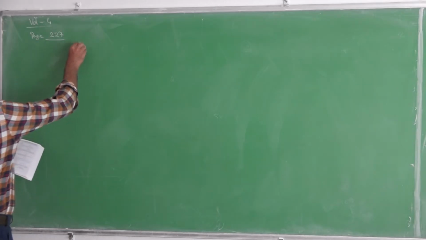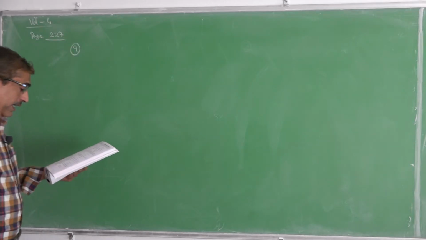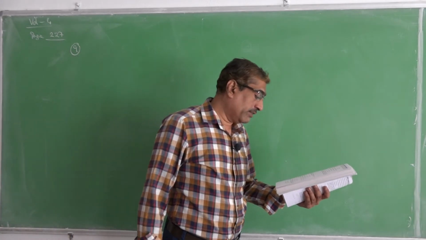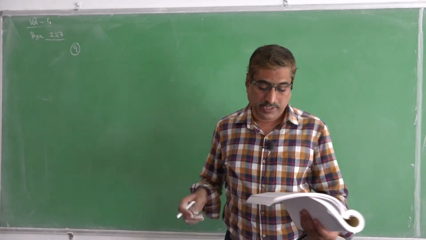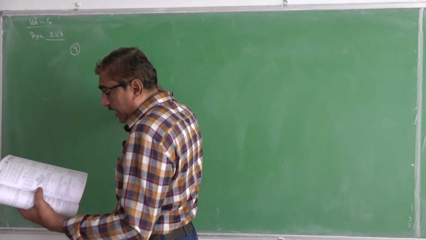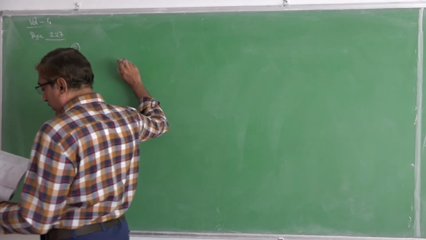Ninth one, the kinetic energy of translation of 20 gram of oxygen at 47 degrees centigrade is given. Molecular weight of oxygen is 32 gram per mole and R is equal to 8.3 joule per mole per Kelvin.